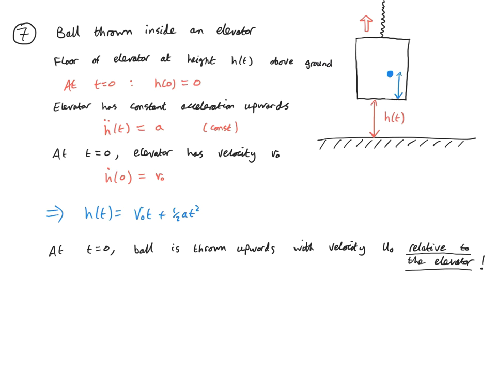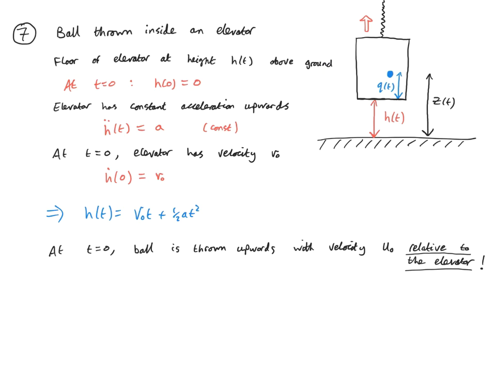That quantity, for the sake of argument, I will call q of t. I will also define the height of the ball above the actual ground, and let me just call that z of t. This is actually the trajectory that we want in the end. It's the position of the ball relative to the ground. That's a trajectory, z of t, that depends on time.